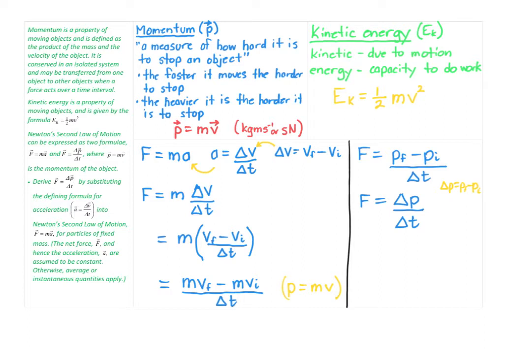So that is the process we use to derive this formula here, which I would refer to as Newton's second law in terms of momentum, as opposed to the one in terms of acceleration, which is force equals mass times acceleration.